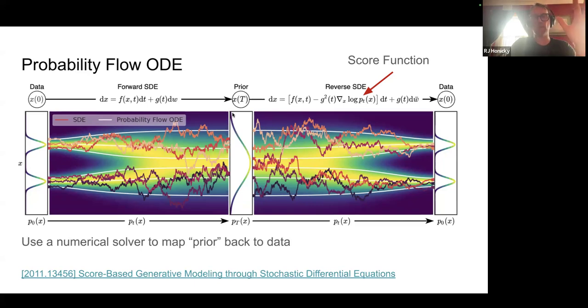That's not exactly what happens, because it's not quite the heat equation, but it's a useful intuition. There's a differential equation describing this diffusion process by which everything ends up in a literally Gaussian prior for the distribution.